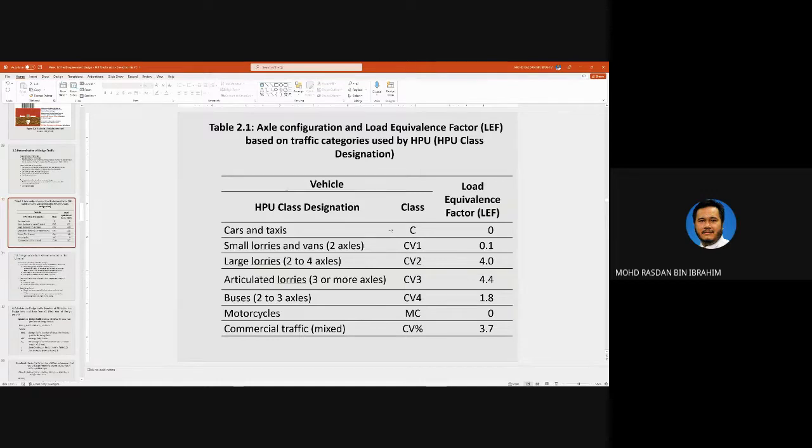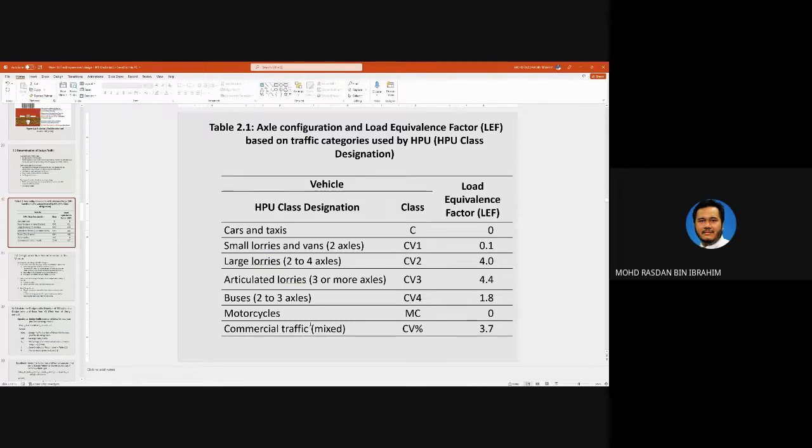Okay, you have different classes here, from cars to motorcycles and also commercial vehicles. So this is the load equivalent factor. It's like PCU, but this one is for loading. So the baseline here is car and taxi, where the load equivalent factor is 0.